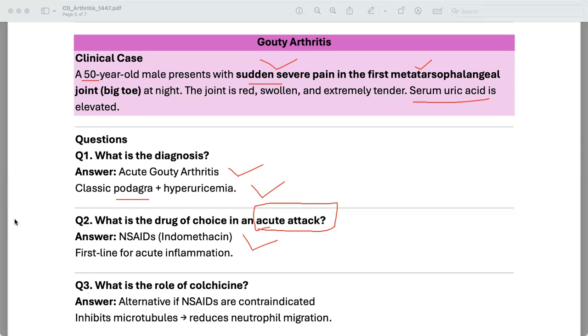What is the role of colchicine here? Colchicine is a primary drug used in Gouty arthritis, and it should be used as an alternative if the patient is not getting benefit from non-steroidal anti-inflammatory drugs or if they are contraindicated.